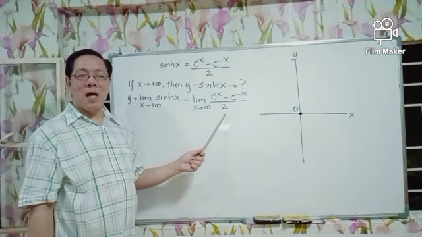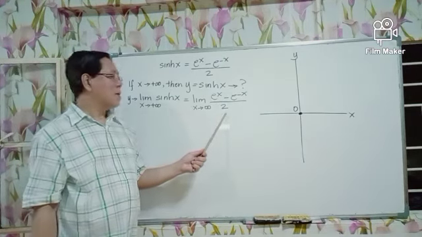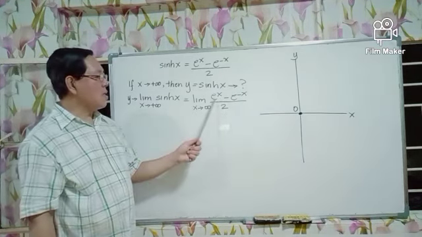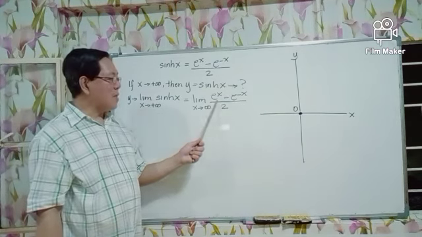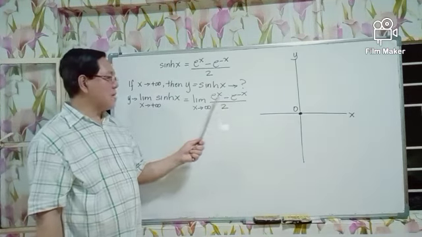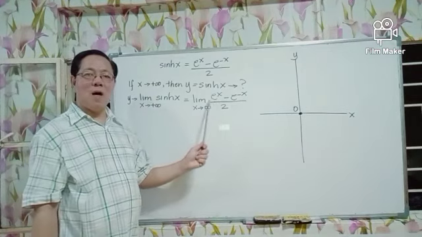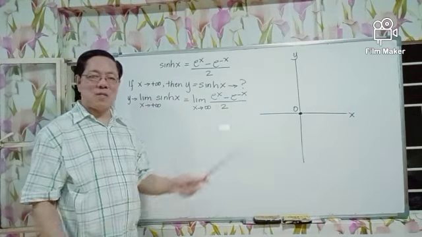First, we take out one half, a constant, out of the limit, and we evaluate the limit of this difference by getting the difference of the limits of each of these two terms.